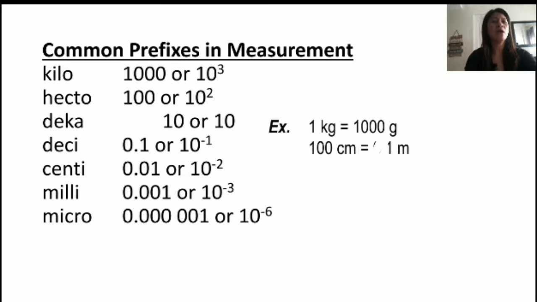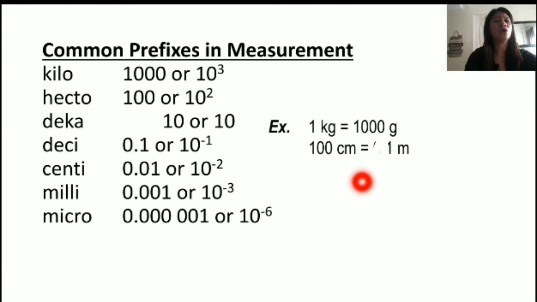Examples. Okay, we have here the equivalent of kilogram to gram. As I said earlier, kilo is 1,000 times greater. So in 1 kilogram, we expect 1,000 grams. Same with the centimeter. Meter is greater by how many times? 100 times. So 100 centimeters equals 1 meter. So in 1 meter, we have 100 centimeters.